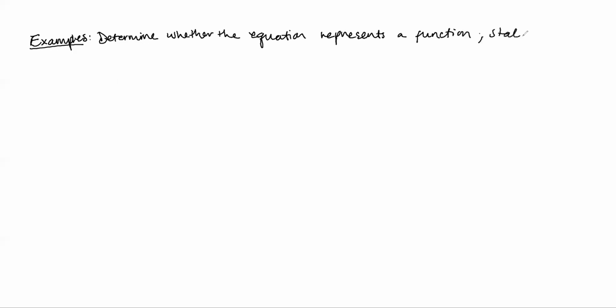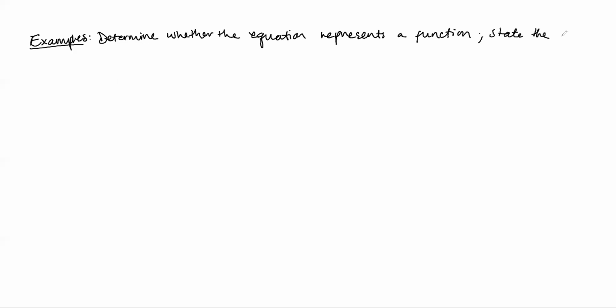So for this set of examples, we're told to determine, and I'm sure you can guess what we're going to determine. We want to determine whether the equation, this time we're looking at an equation, not a graph, represents a function. And then state the domain.